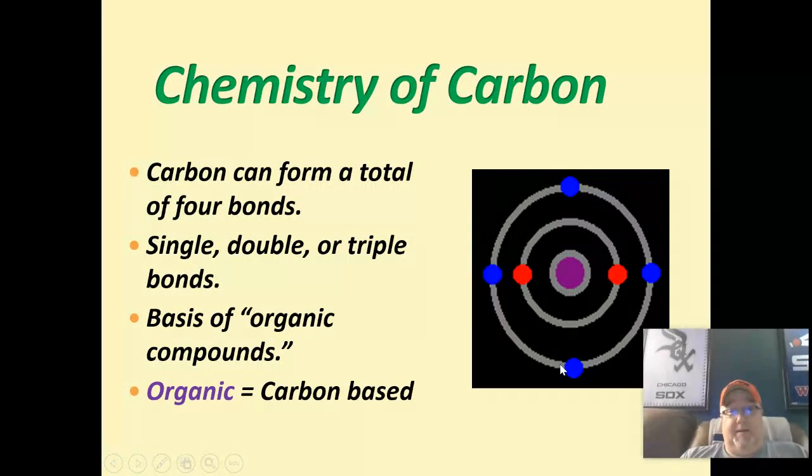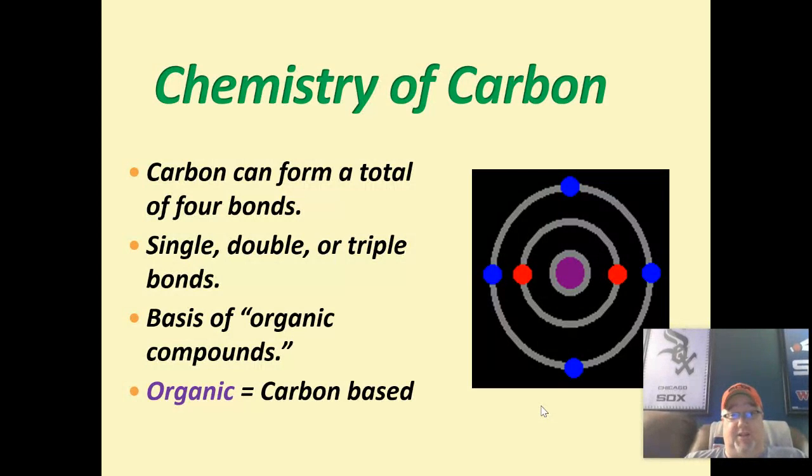So carbon's an interesting atom because it can do a couple of things. I mean, it could gain 4 electrons, it could lose 4 electrons, it can share electrons. There's a lot of things that carbon can actually do. And that's one of the reasons why it is an atom that can form so many different compounds. It can form single bonds, double bonds, triple bonds.